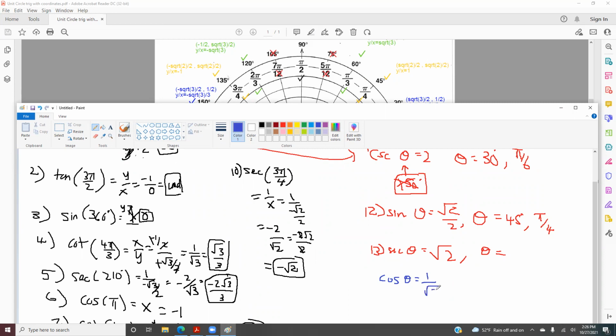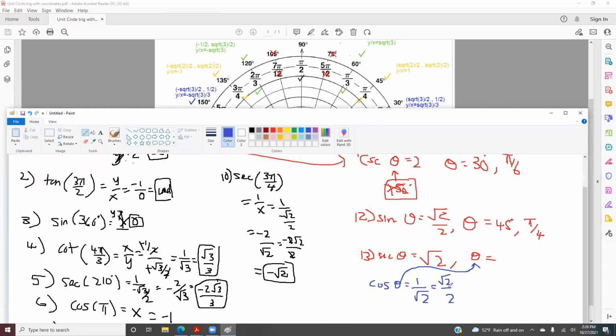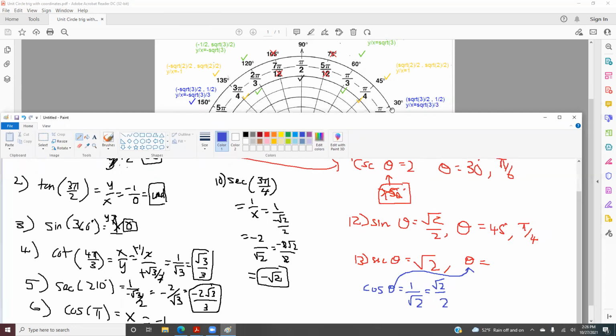Can someone rationalize 1 over √2? √2 over 2. So now this is the same thing. What is theta in this case for cosine theta is √2 over 2? 45. Again, it is 45 and pi over 4. You guys all right here?